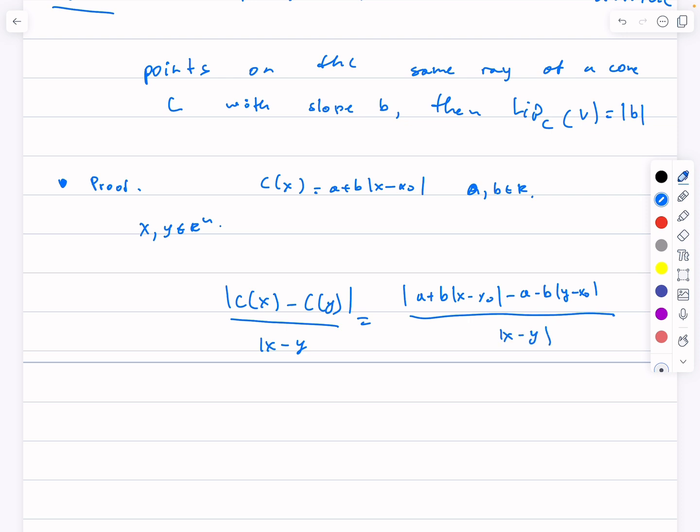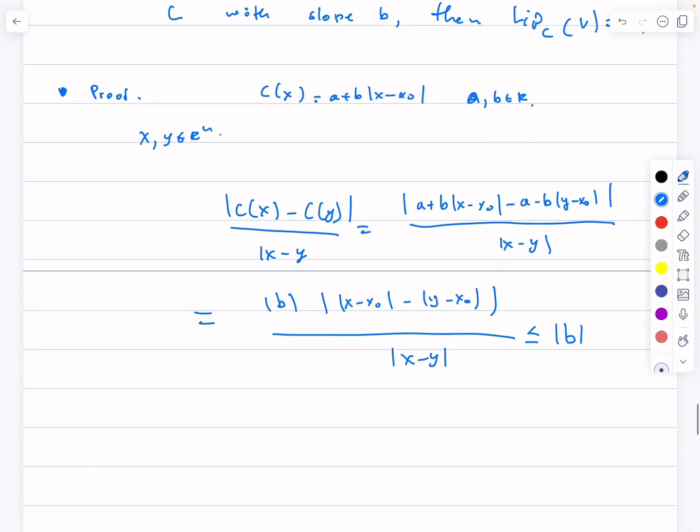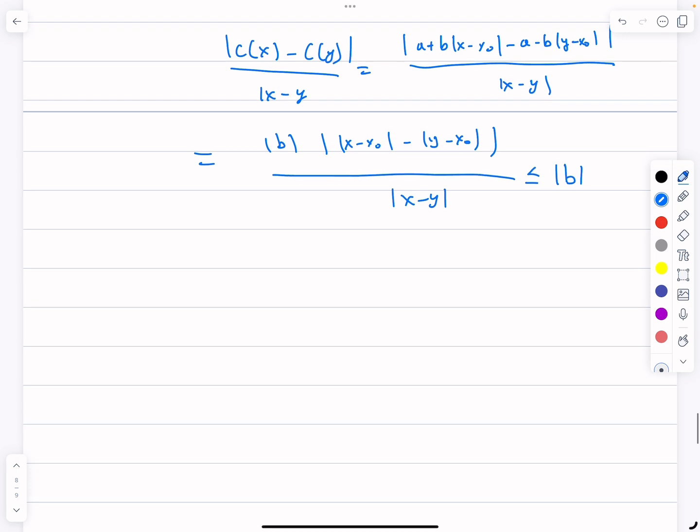So this will be the absolute value of b times the absolute value of x minus x0 minus the absolute value of y minus x0, divided by the absolute value of x minus y. Again, we use the triangle inequality. We prove that this is less or equal than b. Now we have proved that the Lipschitz constant is the absolute value of b if two points are on the line.